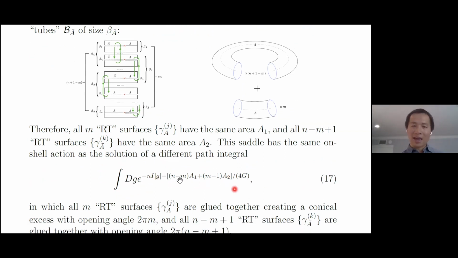This can be thought of as a path integral in a Z_n replica symmetric situation where we insert two kinds of conical defects along A1 and A2.